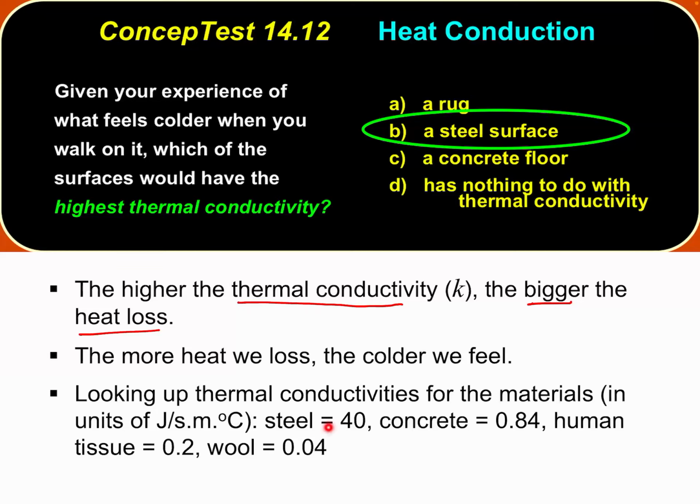If we compare the thermal conductivities of steel, concrete, human tissue, and wool, wool of course making up the rug, then we'll see that steel has indeed the highest thermal conductivity. It then facilitates faster heat transfer and therefore bigger heat loss.